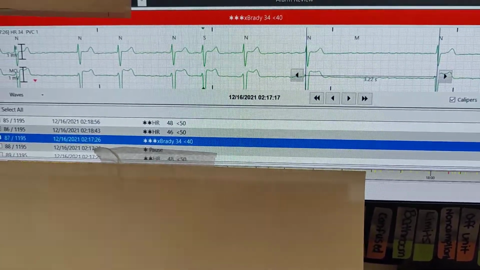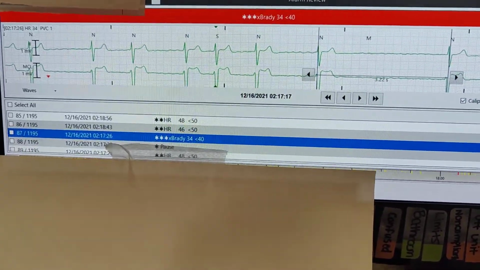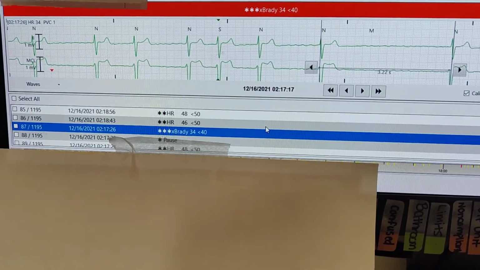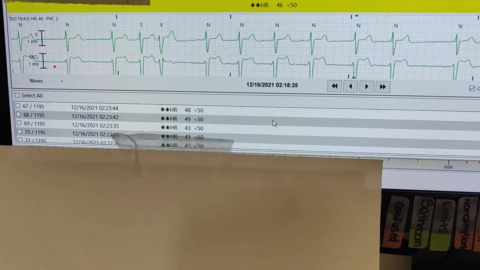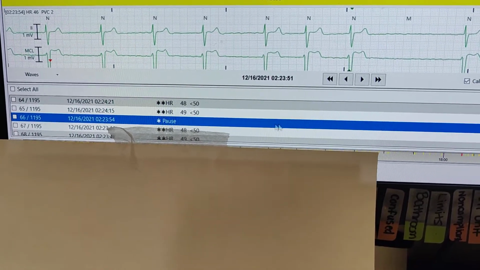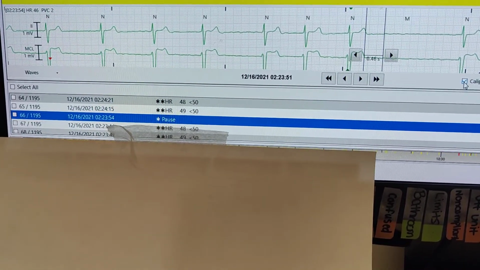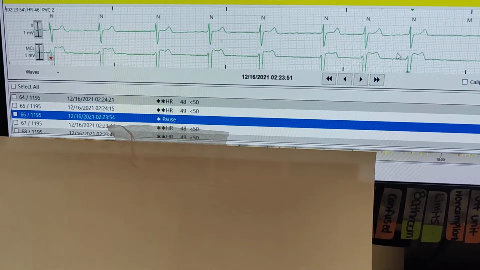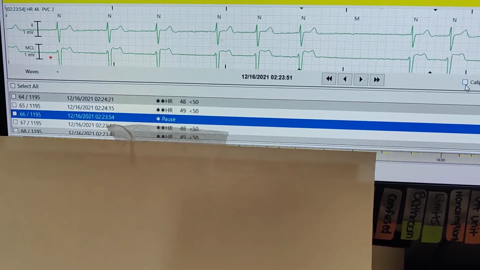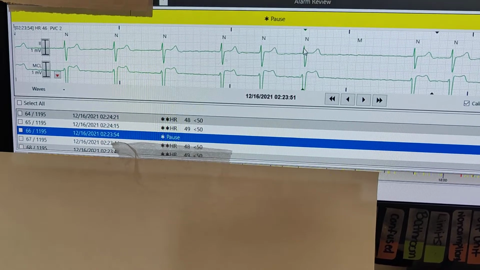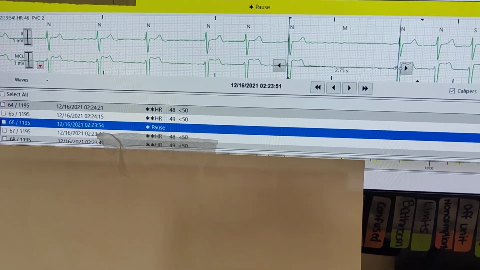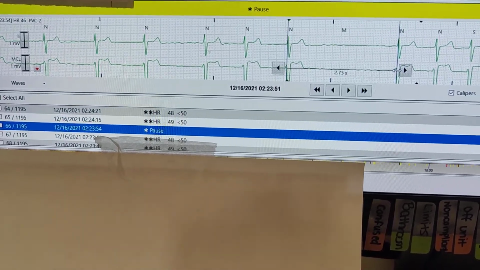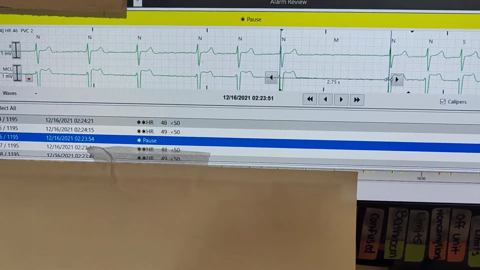Now, this is the longest one this patient has been having. As I look through here, the patient has had smaller ones of about 2.75 seconds, their lowest average of pause.